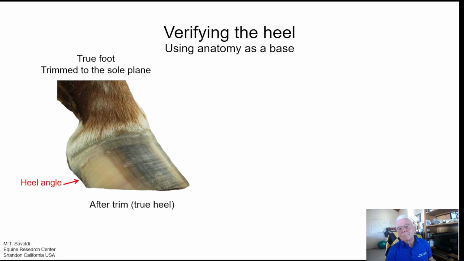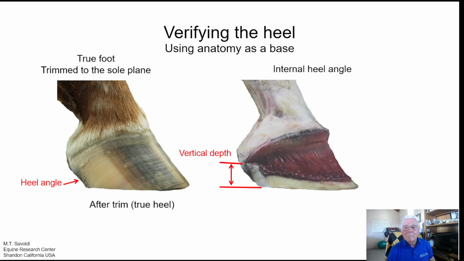Same foot. Look at our heel angle. After trim, it's been trimmed to the sole plane. And there's our vertical depth in the heel. There's our sole thinning. You notice how this bone's in a positive palmar angle because it has deep commissures and a flatter toe arch.